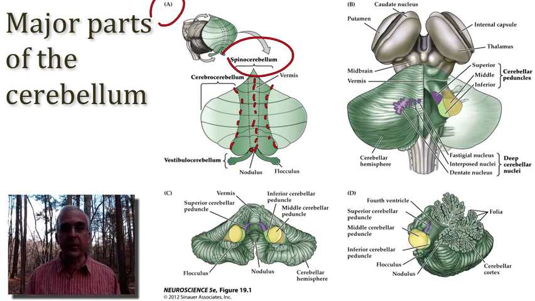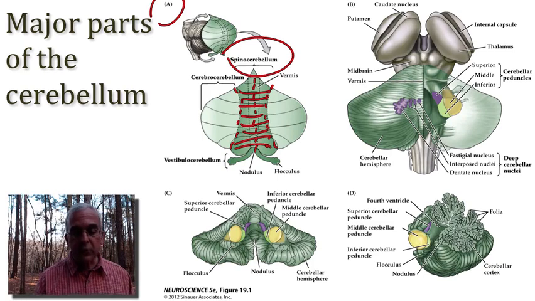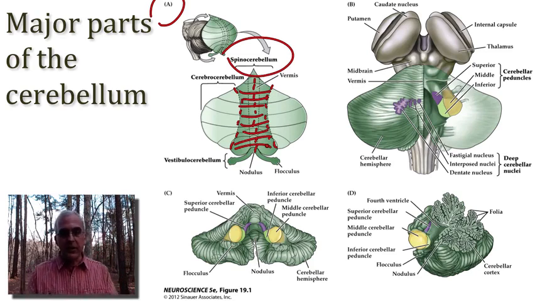It's as if we're looking down on a segmented worm. Unlike the hemispheres of the cerebrum, there really is no separation of the gray matter here between the cerebellar hemispheres. Rather, there's continuity.